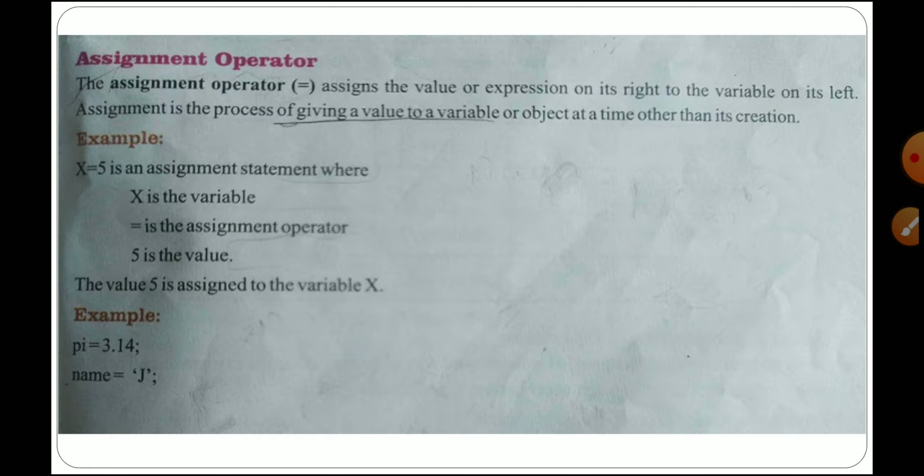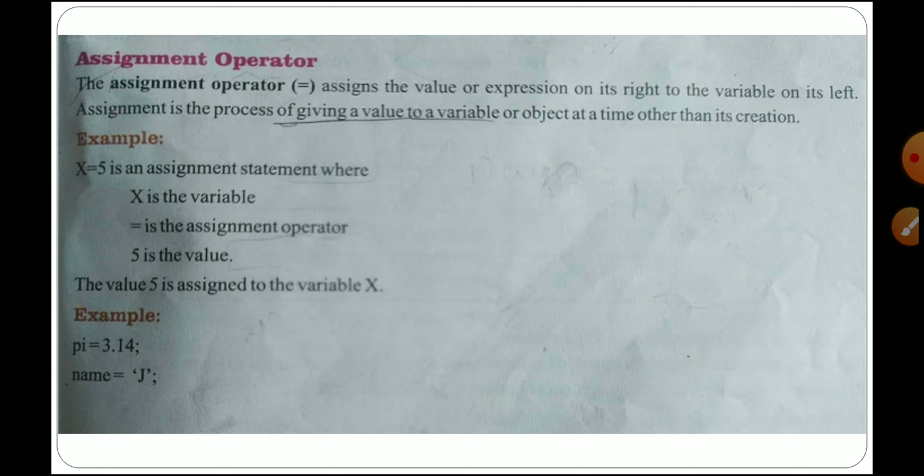Below that, they gave one more example: pi equal to 3.14, which is a constant value. In mathematics we see many formulas, like pi r squared and 2 pi r h.